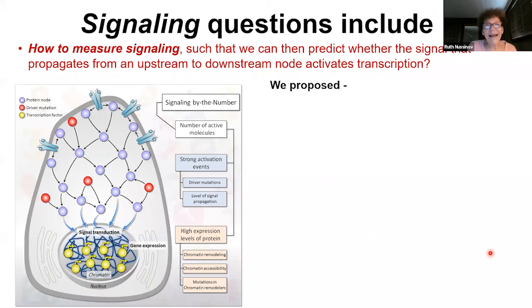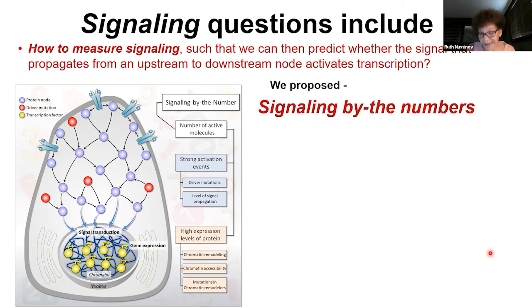And we also asked how to measure signaling then. For example, this is very important, can we predict whether the signal that propagates from an upstream to a downstream node activates transcription?